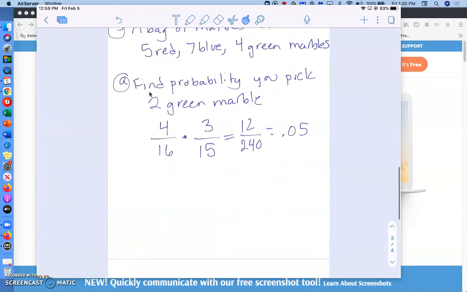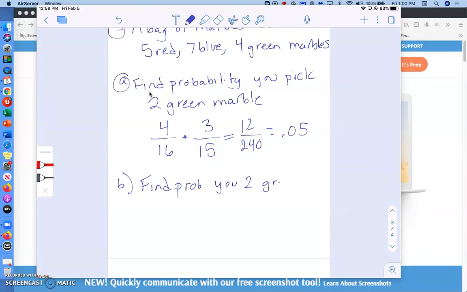Now, how would this change if I said find the probability you pick 2 greens, but I said with replacement? That means if you see a with replacement, you're taking it out of the bag and putting it back in.